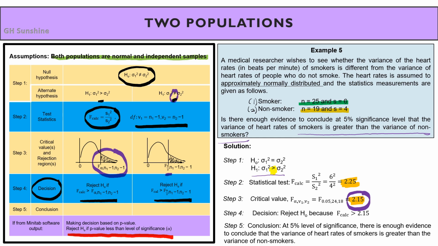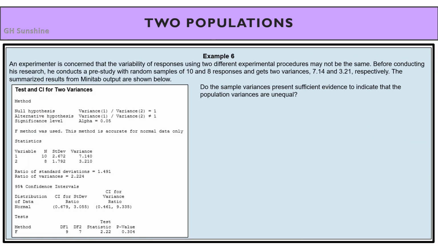So this one is step by step how to perform hypothesis testing of two populations' variance. We can also use the Minitab output to perform the hypothesis test. So what are the steps? First step, set up the hypothesis. From the Minitab output, look at here.